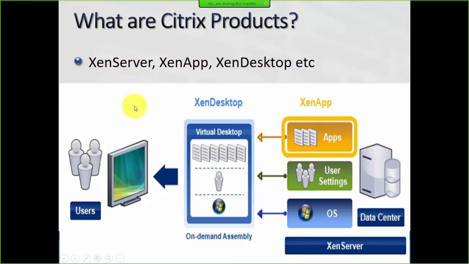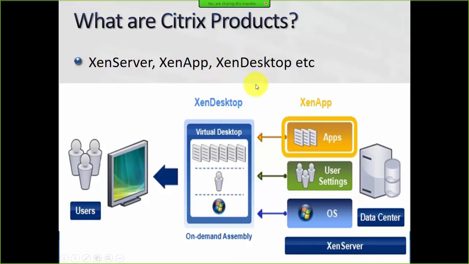Microsoft has a hypervisor called Hyper-V, VMware has a hypervisor called ESXi, and Citrix has a hypervisor called XenServer. We're going to go into detail on these products now. Then XenApp is all about application virtualization. I'm going to be saying that name a lot. What is application virtualization? In later slides we are going to get to that.